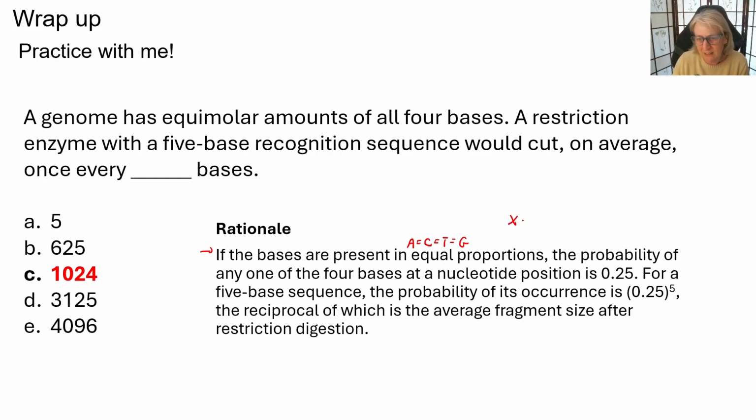So if I have X, X, X as my sequence, if I'm looking at this side of the DNA, the probability that this is an adenine is 25%. The probability that it's a thymine is 25%, and so on.